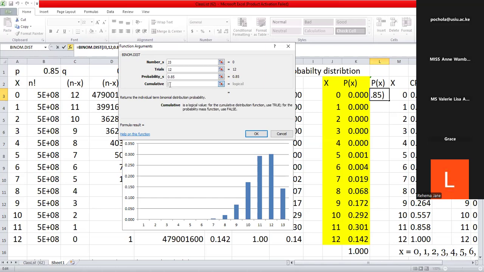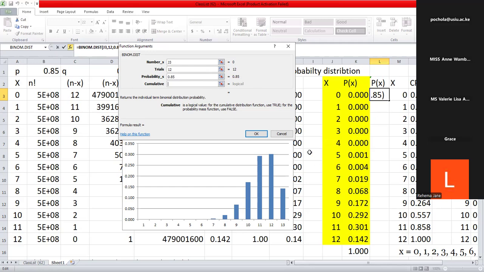I told you about the cumulative probability distribution. Read it down here. If you want cumulative, the less-than probability, Excel gives you that when you type true. If you don't want cumulative, you type false. It is a logical value, down here, cumulative.